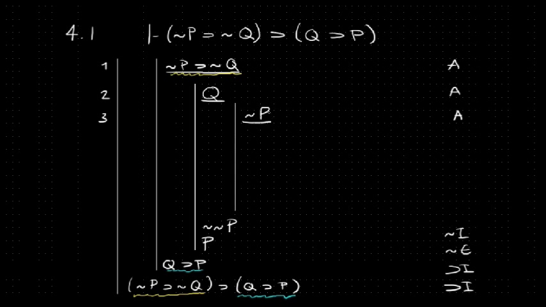Okay, so how do I get from Q to P? Well, I'm going to do an indirect proof, so I've assumed not P, and I need to show that that leads to some kind of contradiction.